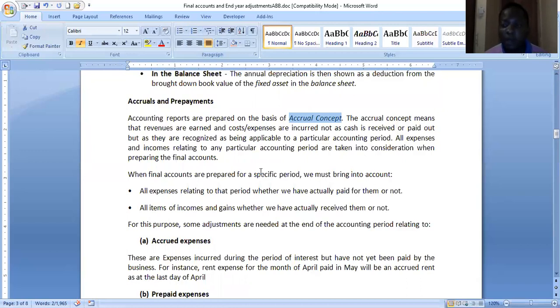Expenses will be recognized in the income statement, or the profit and loss account, as and when they are incurred, regardless of whether they are paid or not.